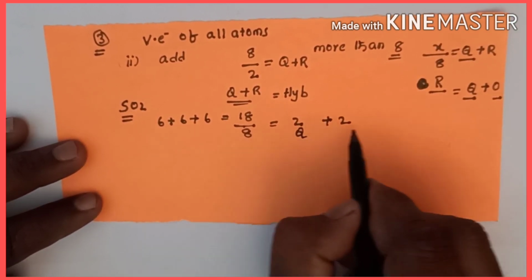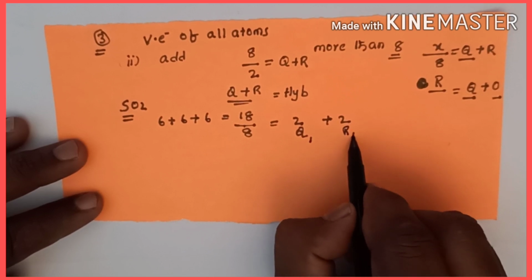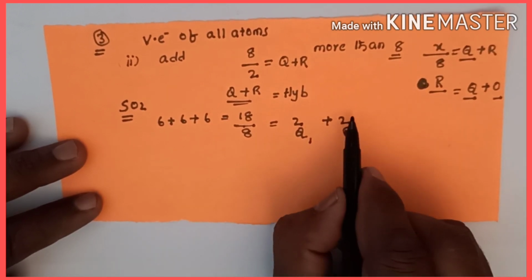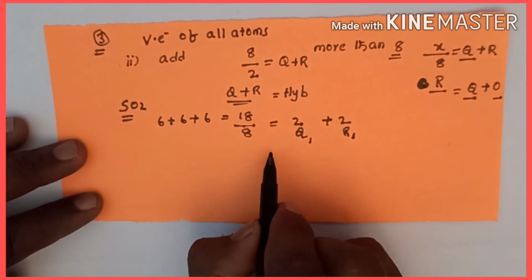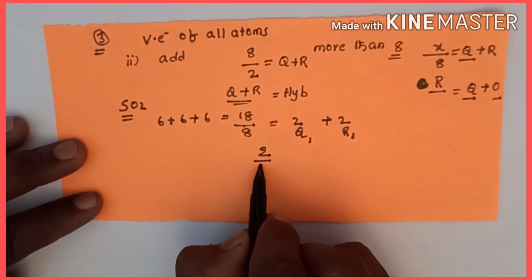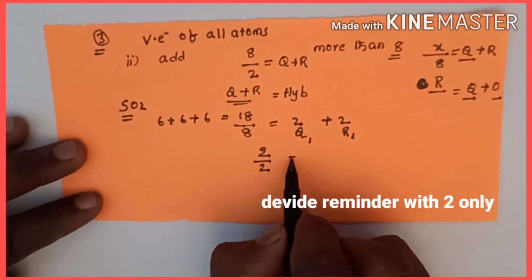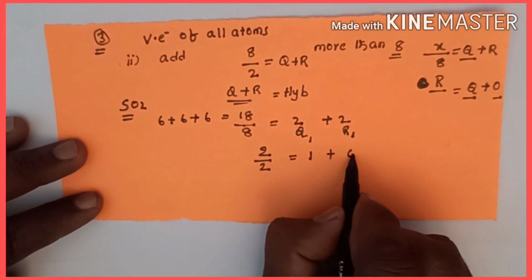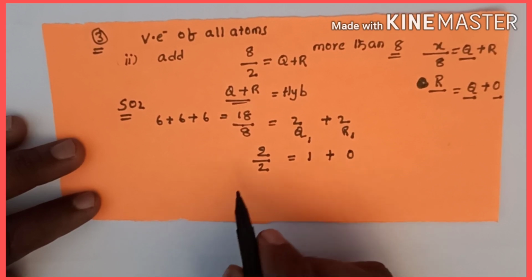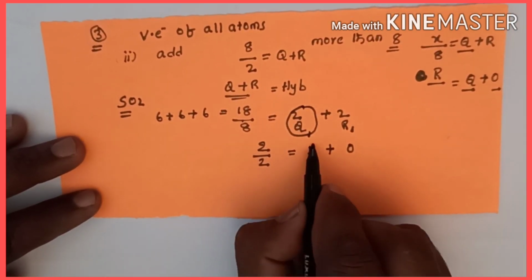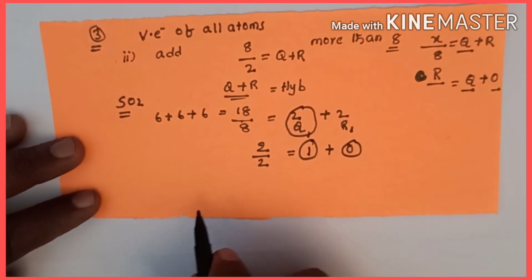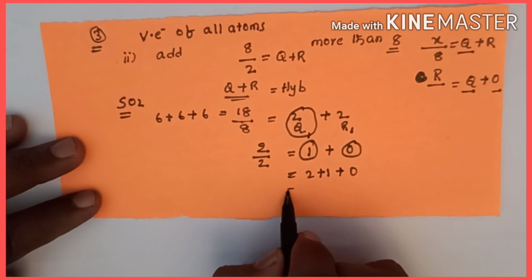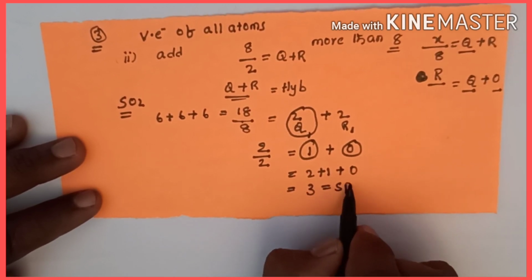This is coefficient 1, remainder 2. But the remainder is not 0, so I will take the remainder and divide by one more number. Then I'll get coefficient 1, remainder 0. Now add these coefficients and the remainder: 2 plus 1 plus 0 is 3, then it is sp2.